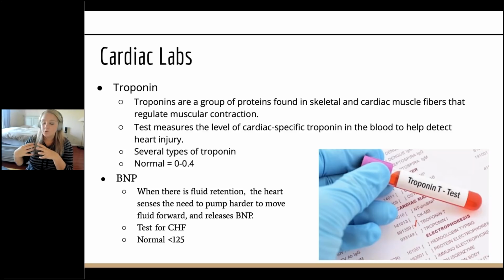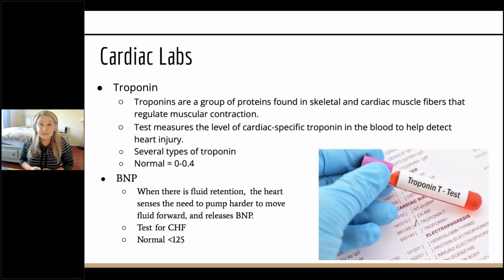That right atrium, when blood returns to it from the body, it expands and fills with that blood. It stretches, and those receptors feel that stretch and say, hey, I'm full of blood. I've got a lot of fluid here, and I need to make sure that the heart contracts forcefully and sends that blood forward out to the body so that the body can have oxygen, nutrients from good blood flow.